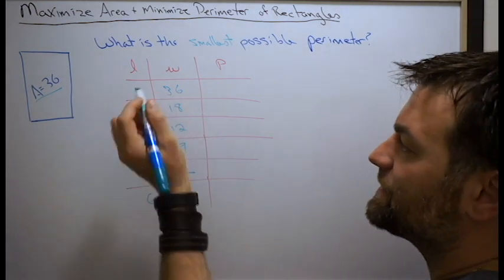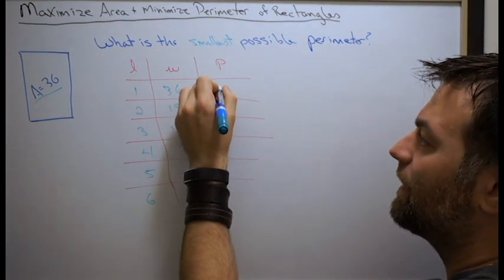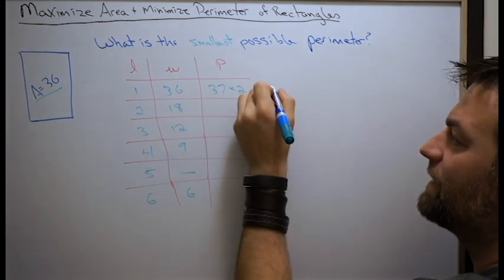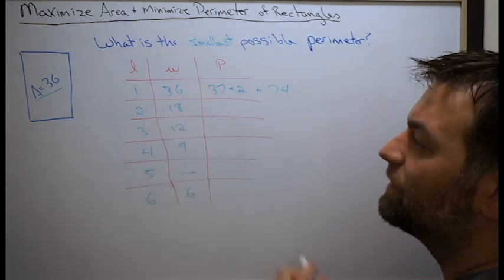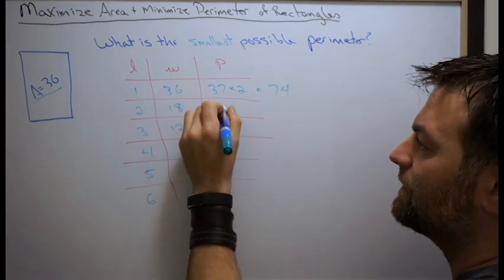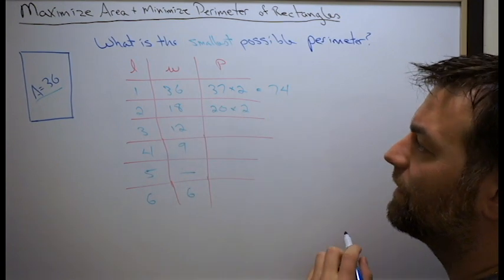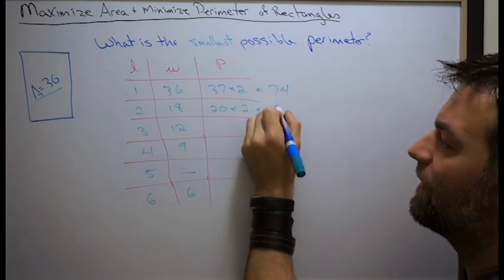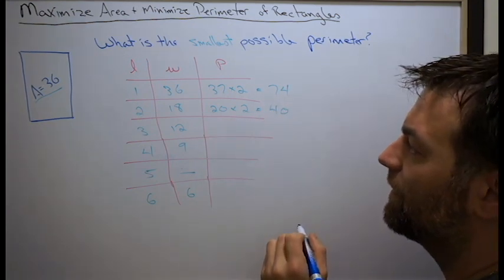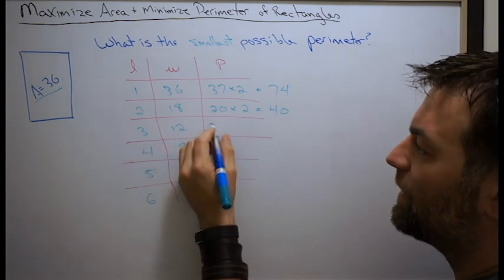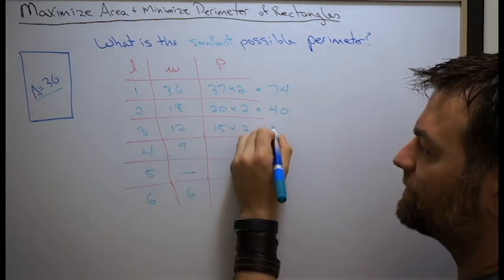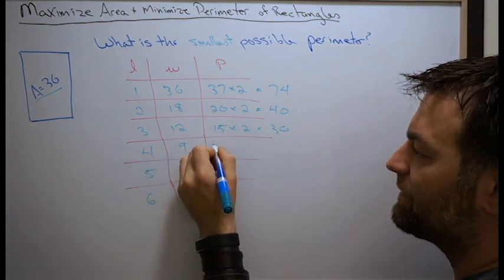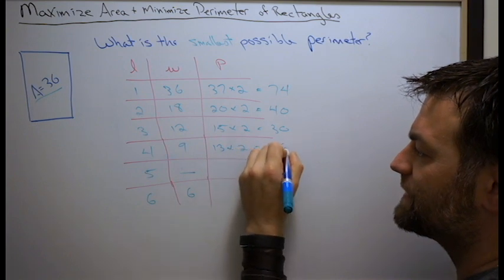So 1 plus 36 times 2 gives us 74. 2 plus 18 times 2 gives us 40. 3 plus 12 is 15, times 2 is 30. 4 plus 9 is 13, times 2, which is 26.